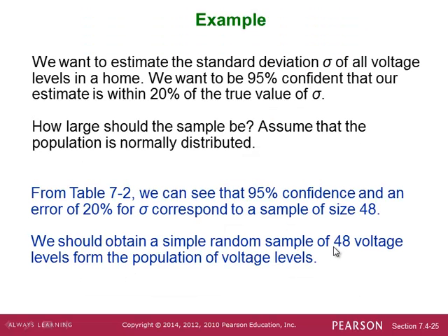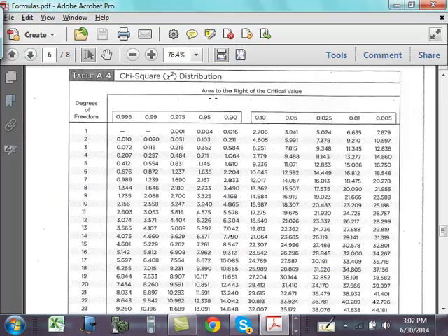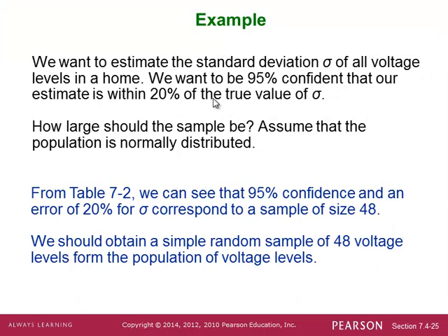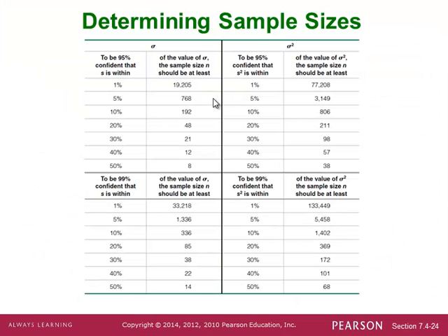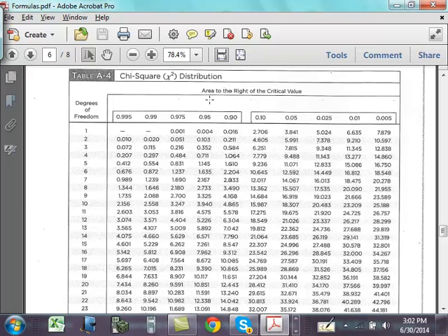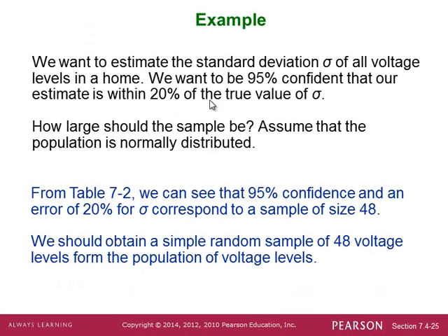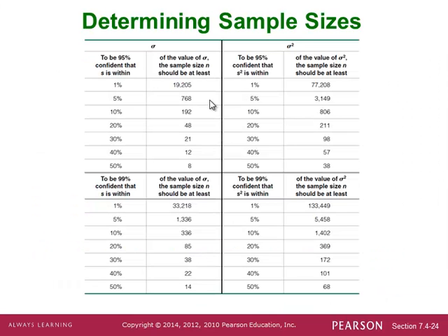That's how that goes. So if we want to estimate the standard deviation sigma of all voltage levels in a home, we want to be 95% confident that our estimate is within 20% of the true value of sigma. So, sorry about that. 95% for sigma.